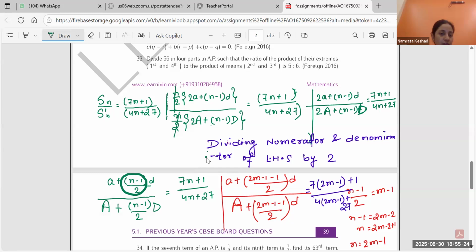We don't want that. We want m minus 1 over here. That's why we have taken that n minus 1 by 2 is equal to m minus 1. That means n is equal to 2m minus 1. Getting it?